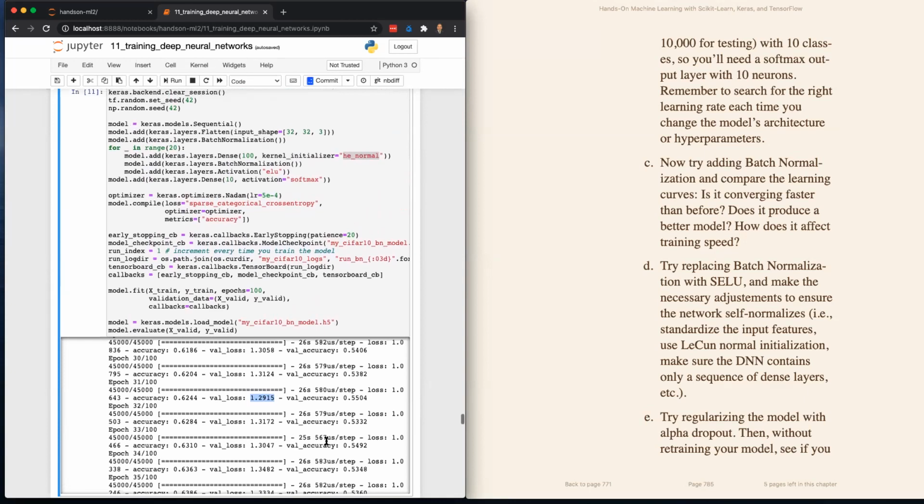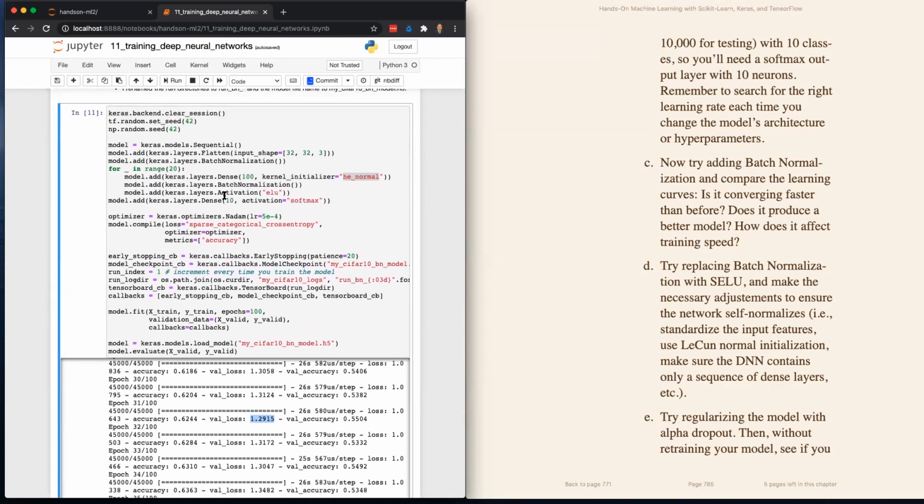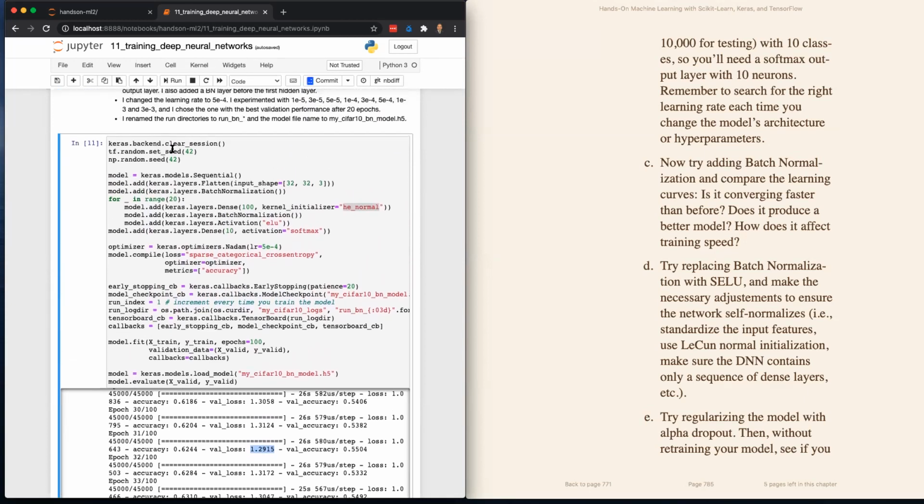I'm just thinking the model is the same, the data is the same, the seed is the same, except, I can only think of the kernel initializer, because these are random numbers.